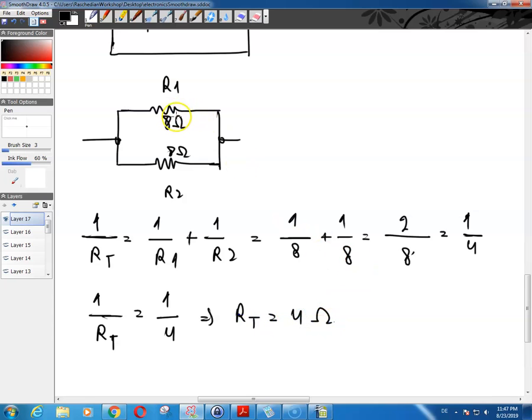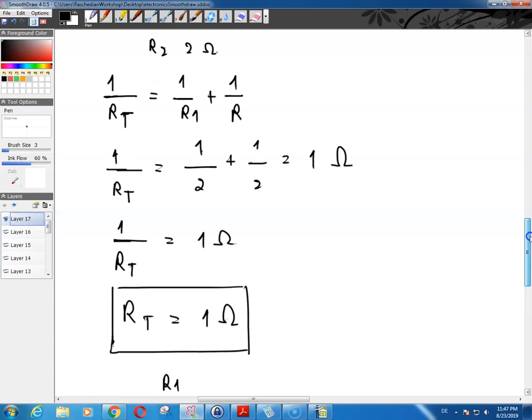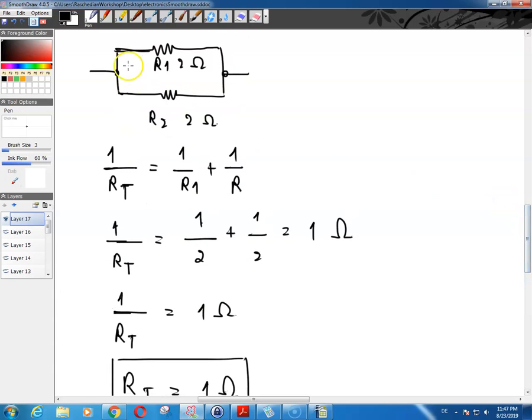So as you can see, when you have two 8 ohm resistors connected in parallel, the equivalent resistance is 4 ohm. 8 ohm, 4 ohm. And over here 2 ohm, 2 ohm, and 1 ohm over here.